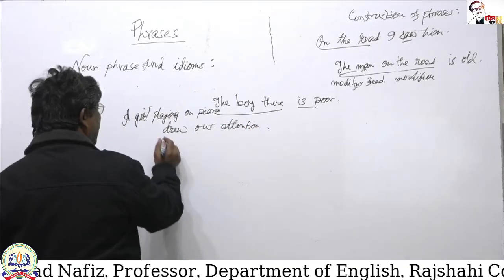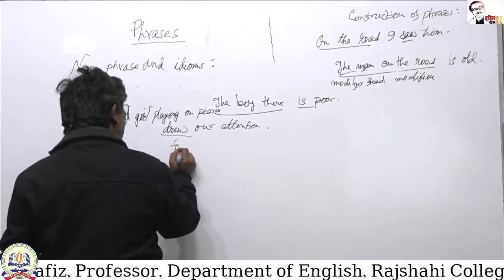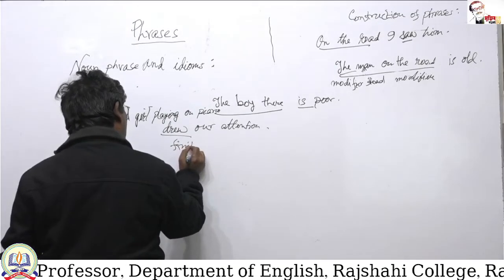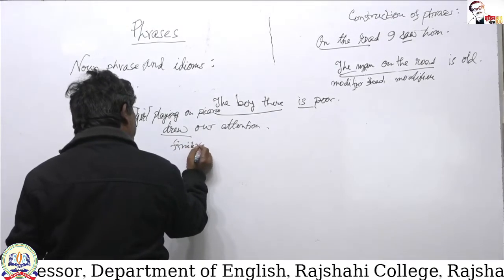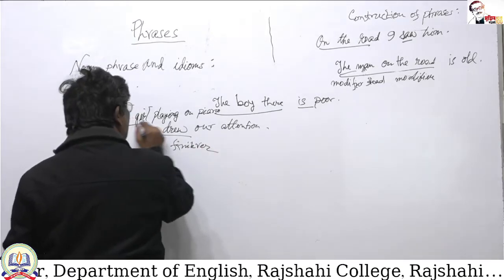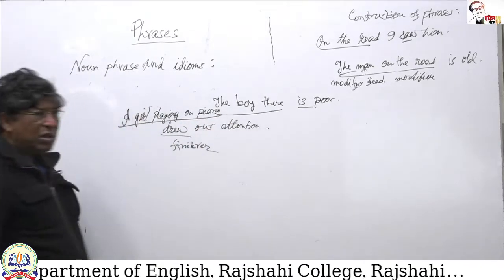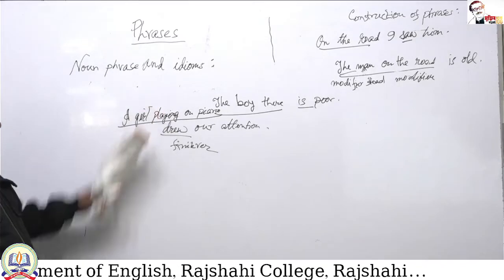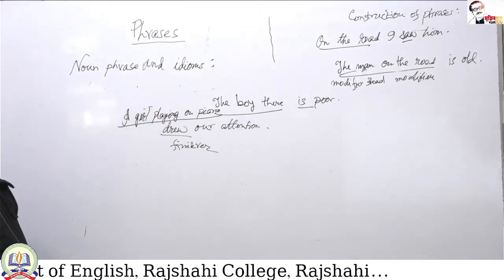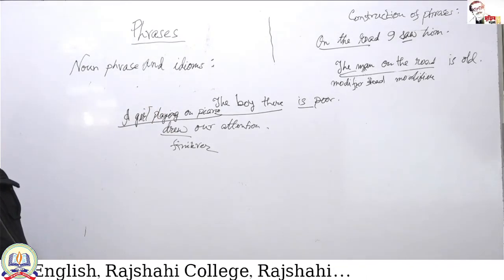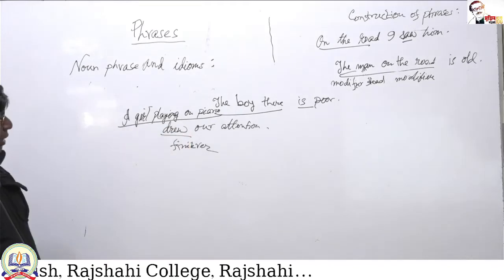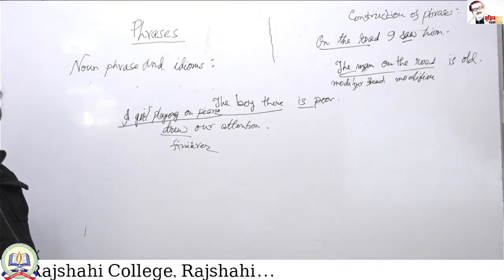You see, drew is the finite verb. Therefore, a girl playing on piano is the subject, and as a girl playing on piano is the subject of the sentence, this is a noun phrase.